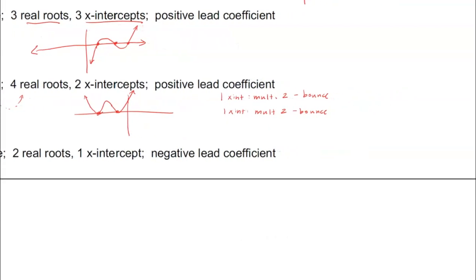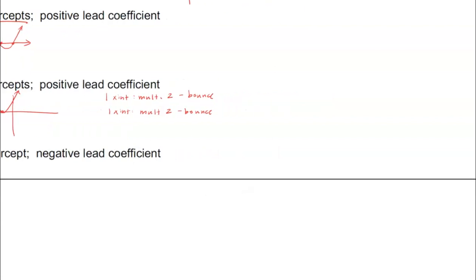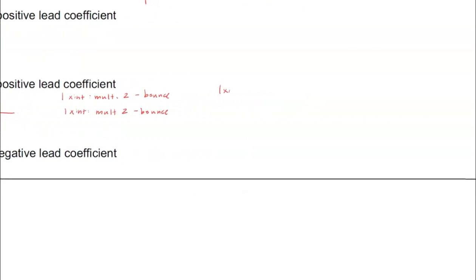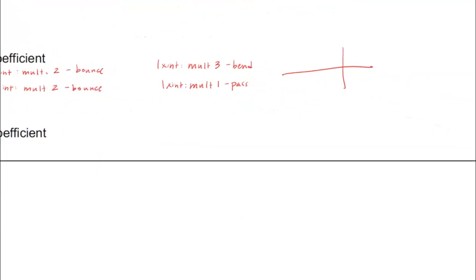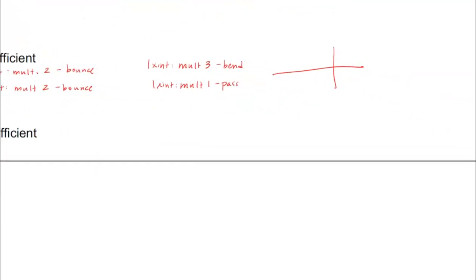Now, we can also have... I should have written that closer. We can also have 1 x-intercept with a multiplicity of 3, and that's going to bend, and 1 x-intercept with a multiplicity of 1, and that's just going to pass through. This time I'm going to make it all on the positive side, like that.